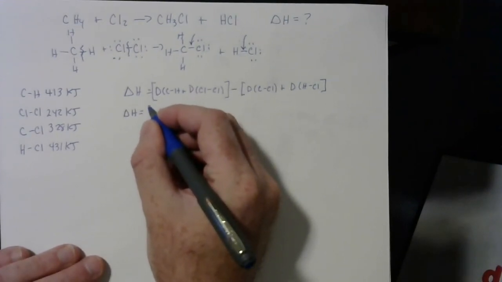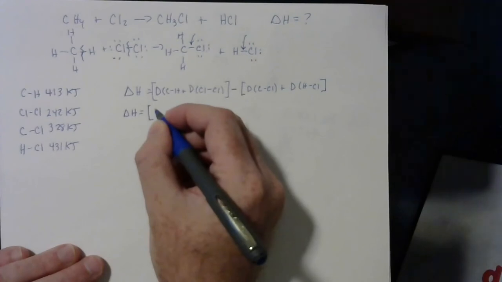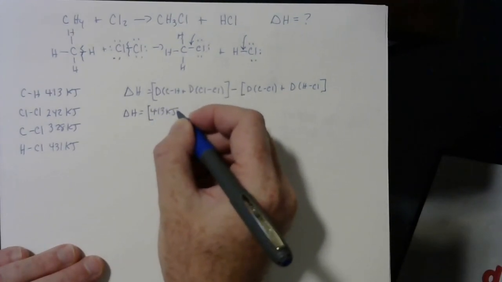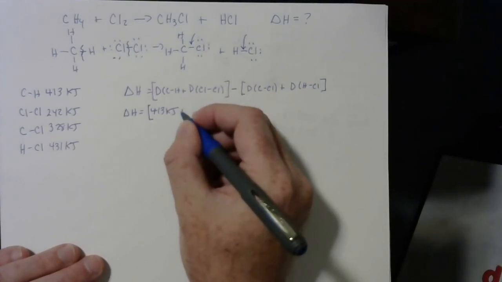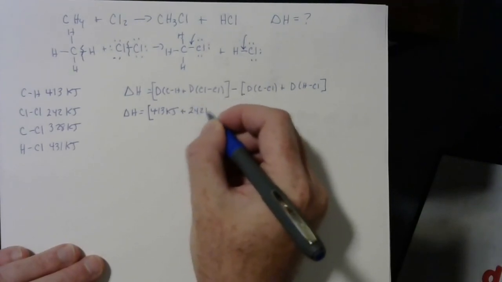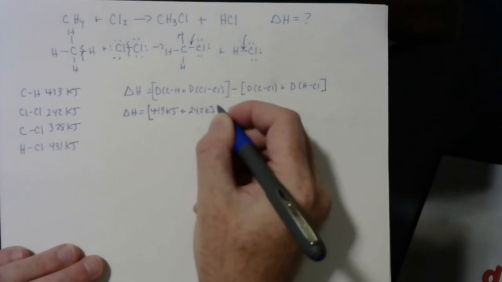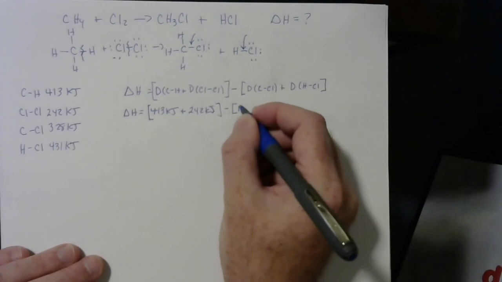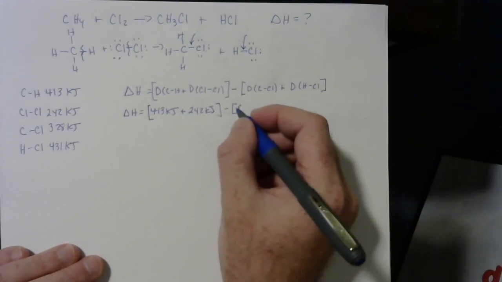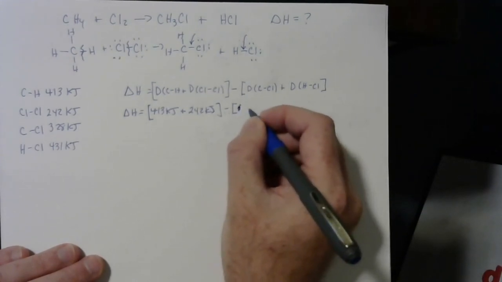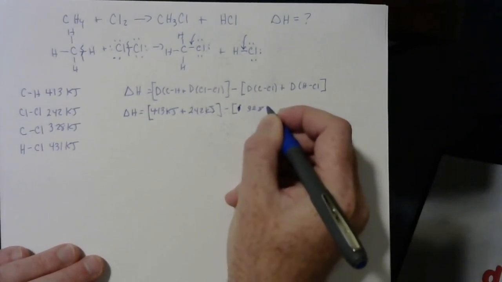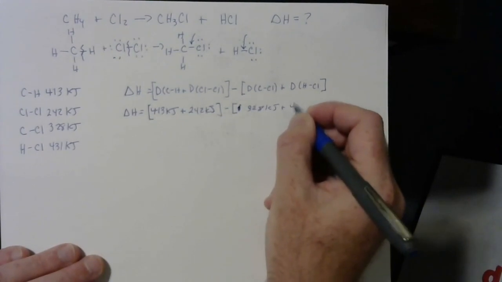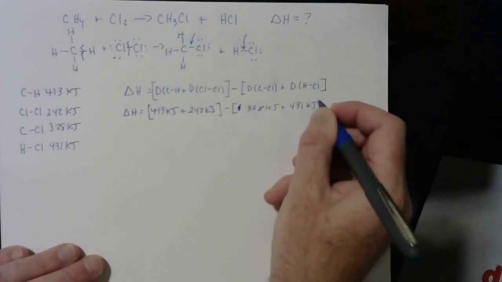And so we're going to say 413 kilojoules plus 242 kilojoules. From that, we're going to subtract the, let me see, 328 kilojoules plus 431 kilojoules.